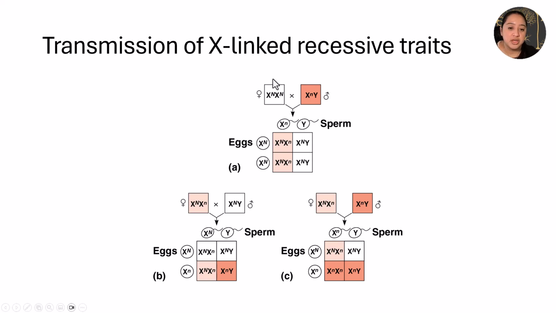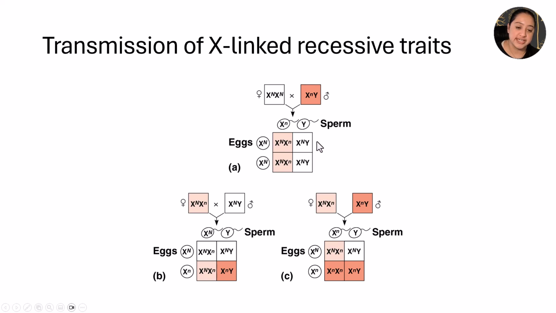So if a male has this combination of sex chromosomes, a recessive X-linked trait, and then they have one X and then one Y, that's what they could pass on. Their gametes can either have the X with a recessive or Y. And then this female organism, again, if we're thinking about color blindness, can have gametes that inherit this X with the dominant allele or this X with the dominant allele.